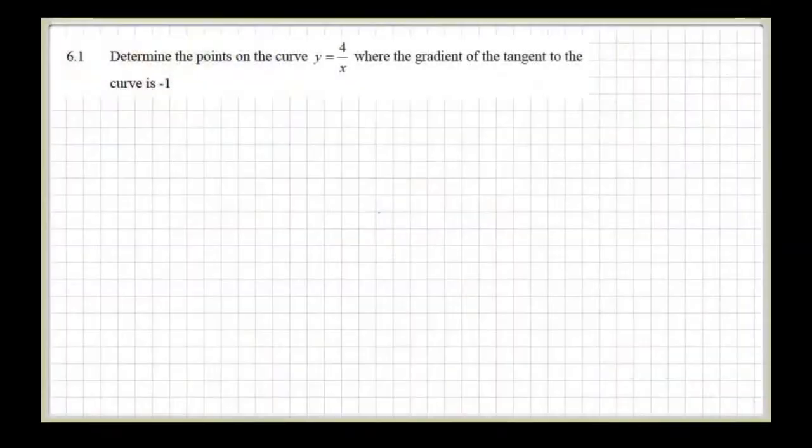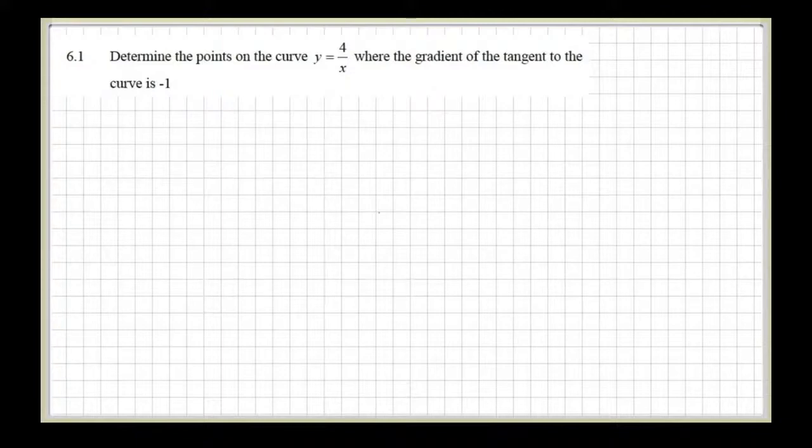So the first question, ladies and gents, asks: determine the points on the curve y equals 4 over x where the gradient of the tangent to the curve is -1. So when we have a look at this, I always love to, before I do anything, get to the real thing behind what we are looking at.